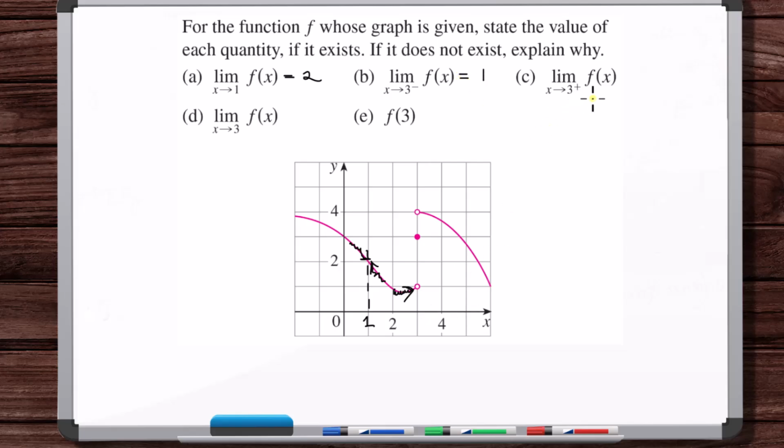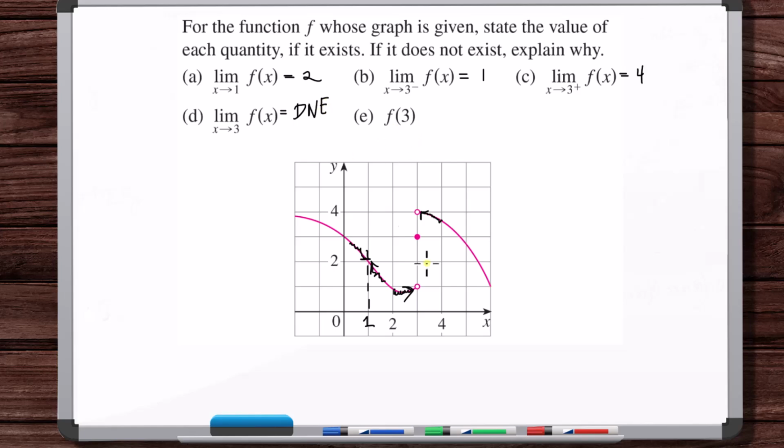Okay, what about the limit as x approaches 3 from the right? Well, we're approaching 4. From below 4, but again, above or below doesn't matter. I'm just stating that to give you some intuition. What about as x approaches 3 in general? Well, we're approaching 2 different values coming from both sides, so this doesn't exist.